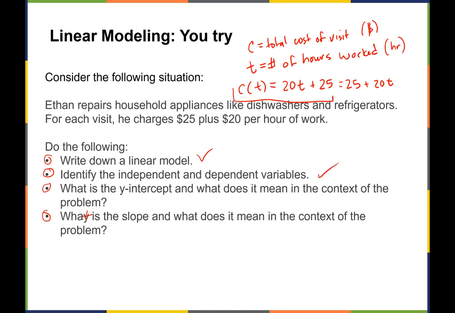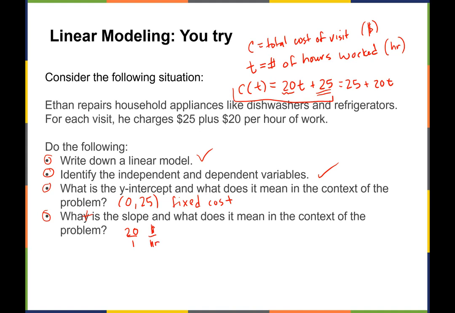All right, so I've written down my linear model and I know my independent and dependent variables. What is the y-intercept? In this case, my y-intercept is 25. That's the b value. And if I plug in t equal to 0, I get 25 out. That means it's also my y-intercept, and that's his fixed cost. That's how much he charges no matter what. What is the slope? The slope on this one is 20 to 1. We can make that into a fraction, and the units are going to be dollars per hour.